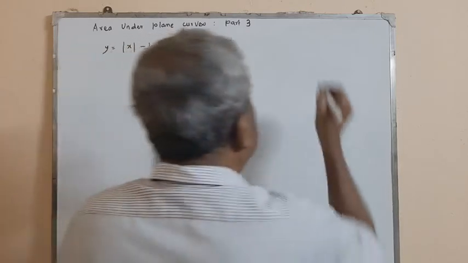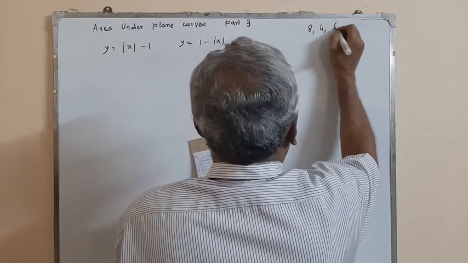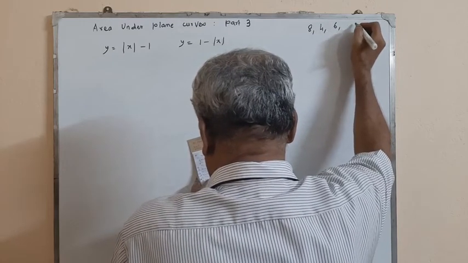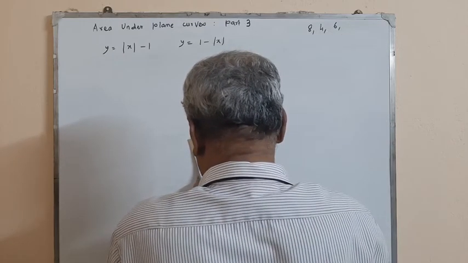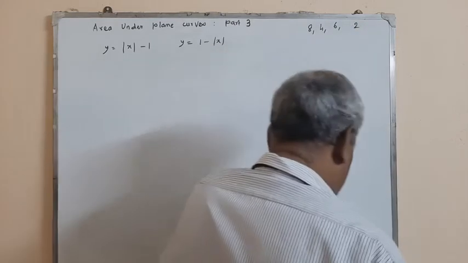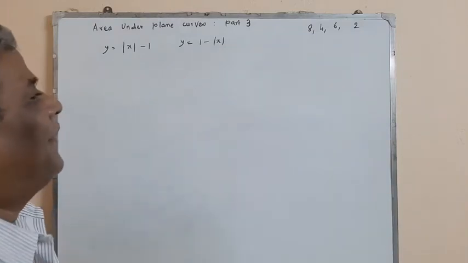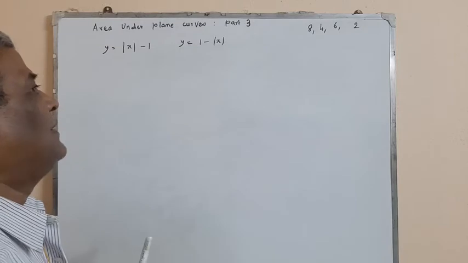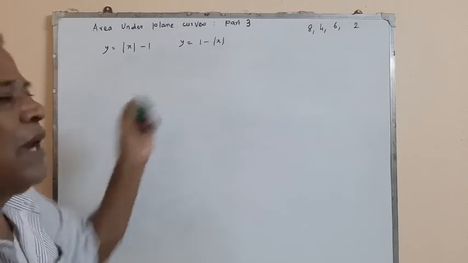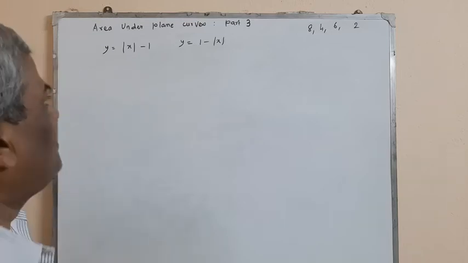The options are 8, 4, 6 and 2. We have to find the area between these two curves only. So first of all, we have to draw the curves.